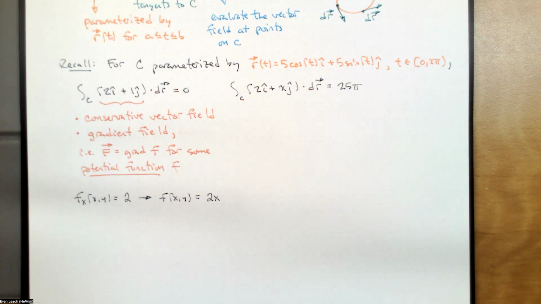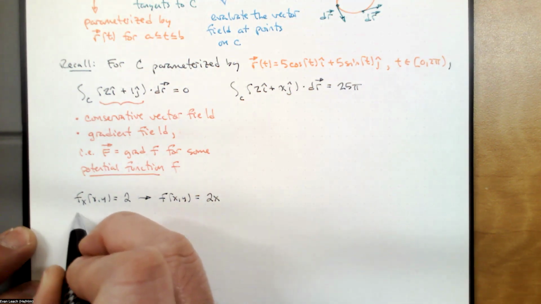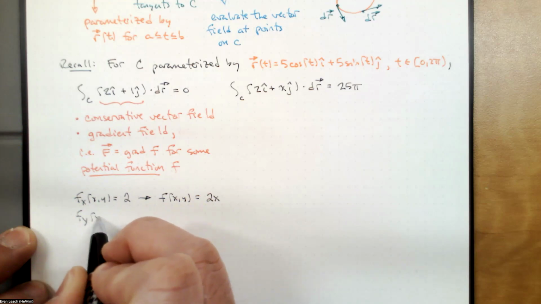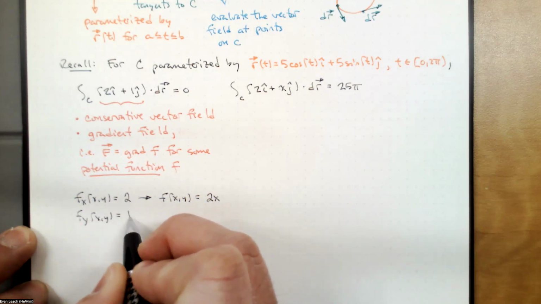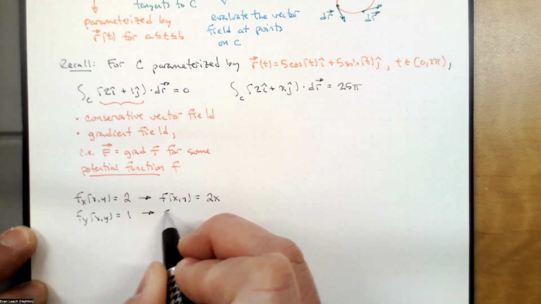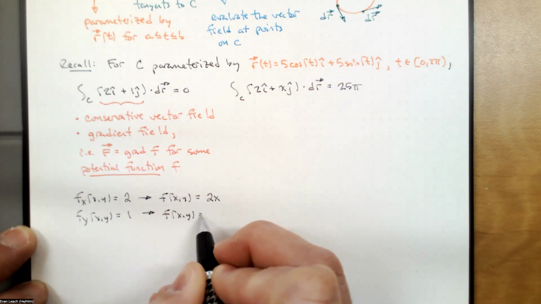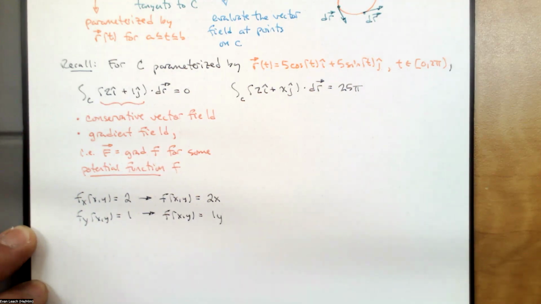If the j term is 1, that means the partial with respect to y of f(x, y) must equal 1. That means f at x, y must look like 1y.